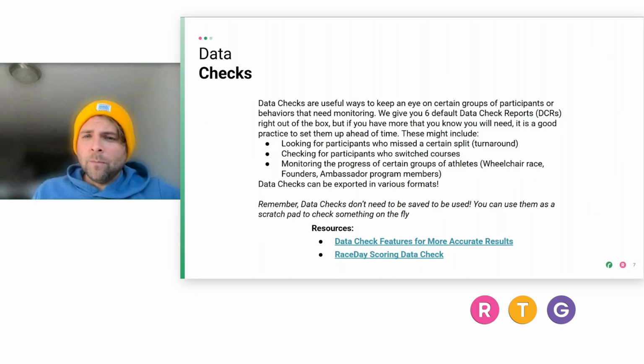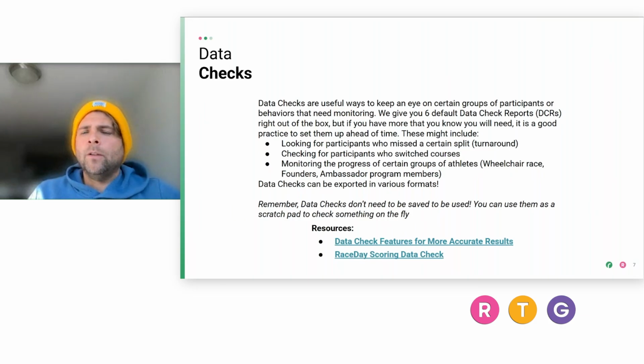We give you 6 of them by default: no age, no gender, no chip, and in these instances, most usefully, suspicious times, which would be people performing over 90% age graded by default. Now, if you're in marathon season, you may have some people performing over 90% age graded. So you might want to adjust that, or use that as a good indication that you need to look into a participant further.